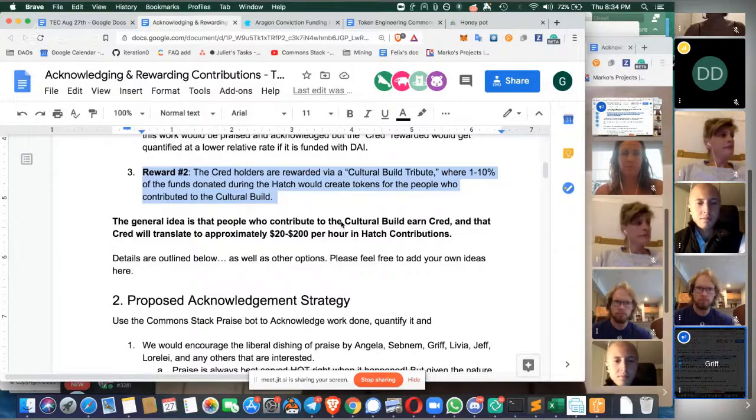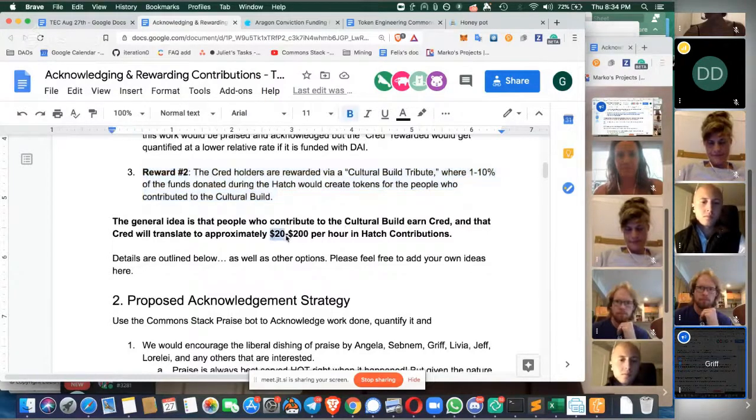So depending on exactly how those tokens are quantified, it will likely be much more than $10,000 worth of tokens the way the hatch works. So it'll be like putting $20 of DAI into the hatch, and then you'll receive probably $40 worth of tokens for that, for every hour of impact that you had.